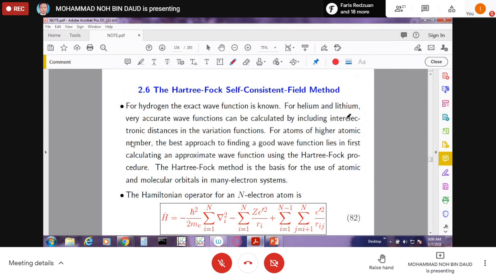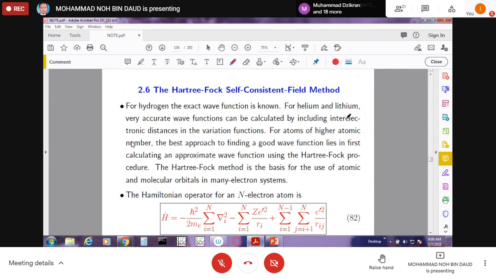These topics are covered in depth in advanced quantum chemistry, so here I will only give a brief introduction. I think you heard this in first year or second year in your physical chemistry course.